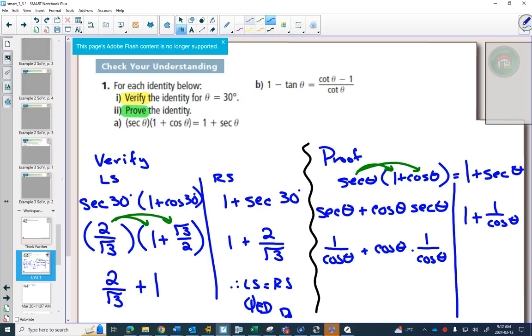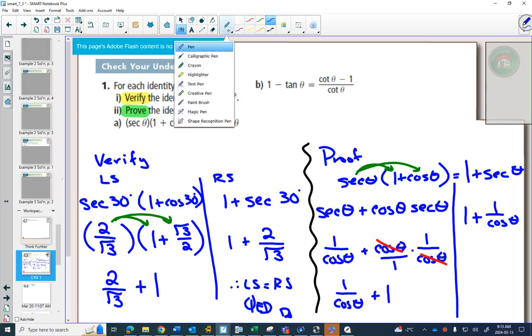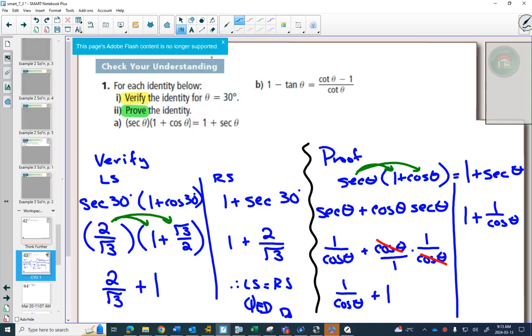And I have to work with fractions. Here I have a fraction multiplied by a fraction. Can you see that these factors are identical? So they would simplify, and this side would become 1 over cos theta plus 1. That matches up perfectly with the other side. So we can say that our left side equals right side.